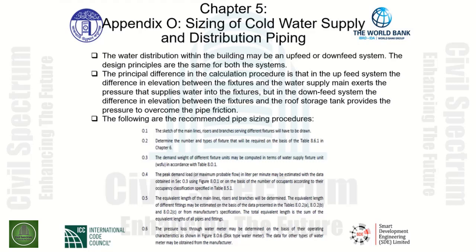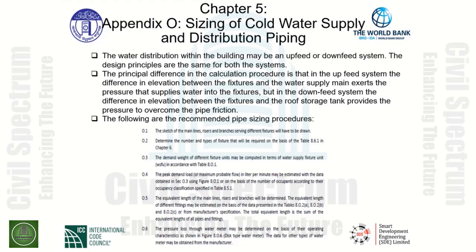We could use in 0.4 the peak demand load or maximum probable flow in liters per minute may be estimated with the data obtained in section 0.3 using Figure 8.0.1, or on the basis of the number of occupants according to their occupancy classification specified in Table 8.5.1.